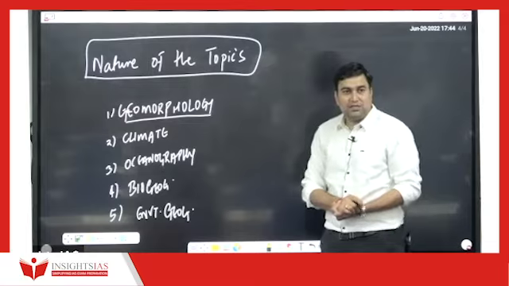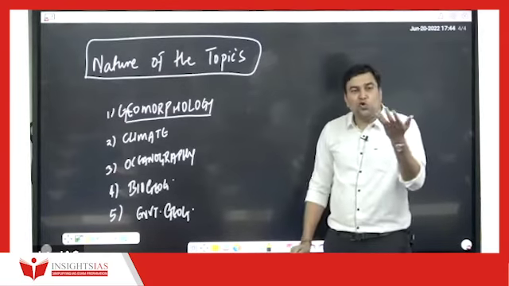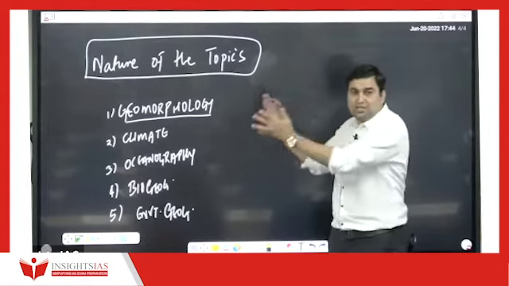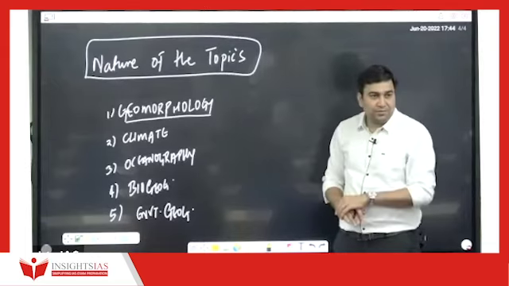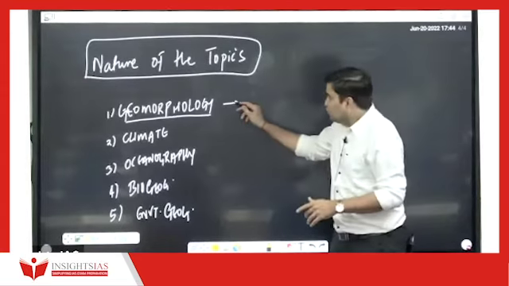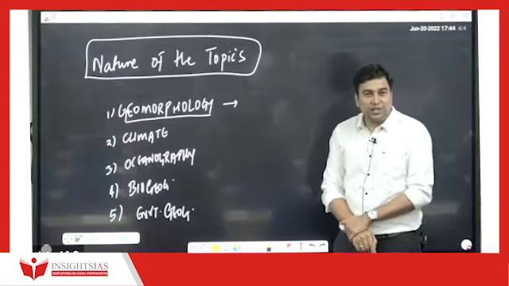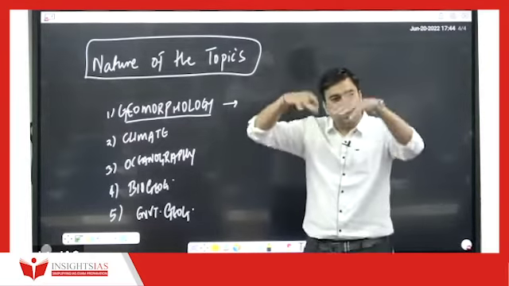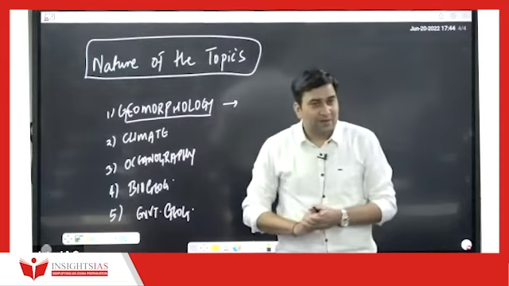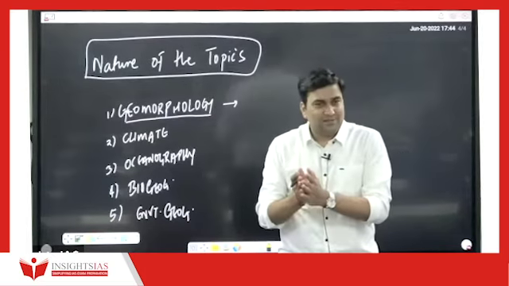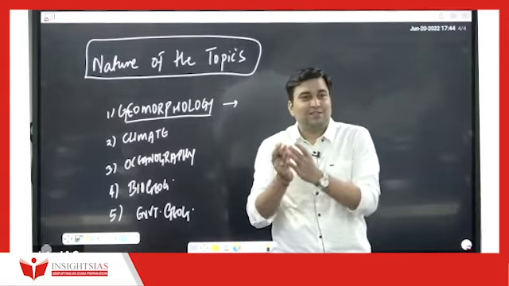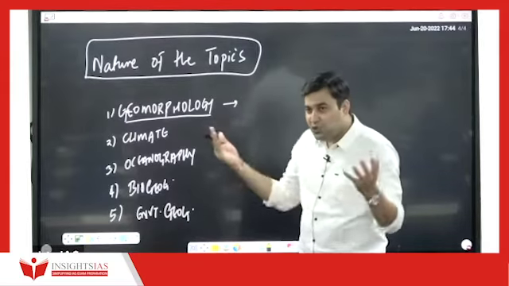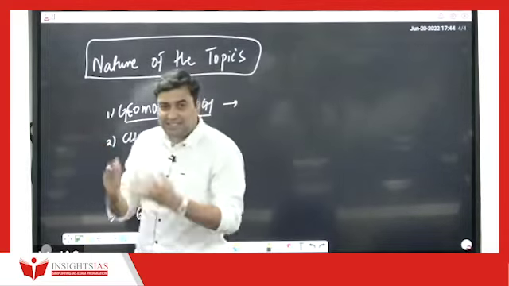Geomorphology is a topic which is the core of physical geography paper 1. The geomorphology syllabus essentially includes initially, for example, imagine before the inception of life. What was there? Nothing was there. There was the formation of the universe, galaxies.